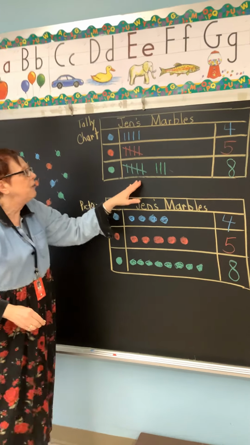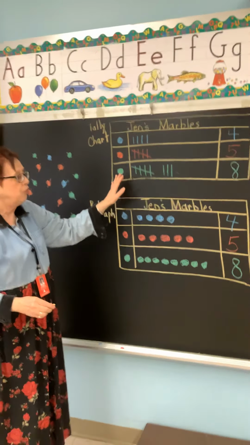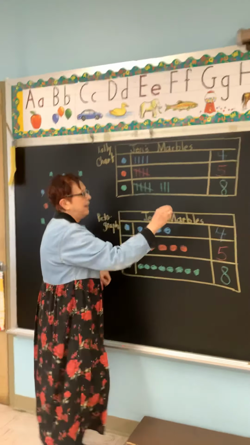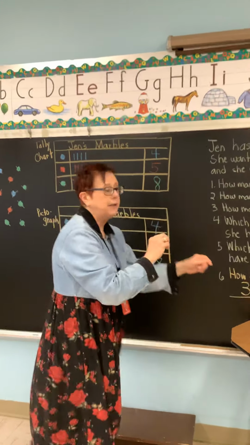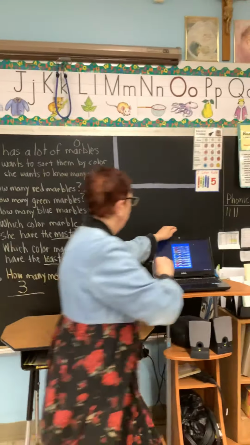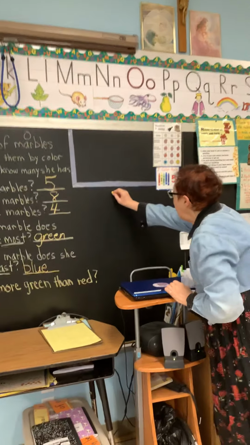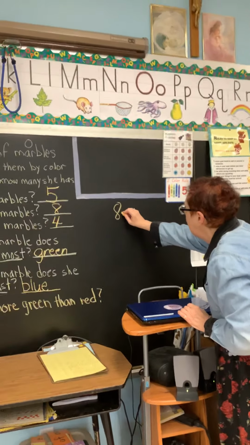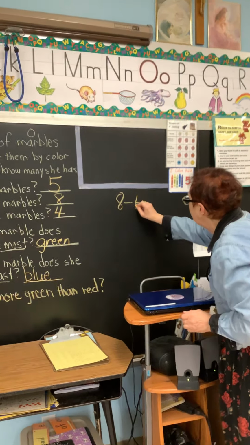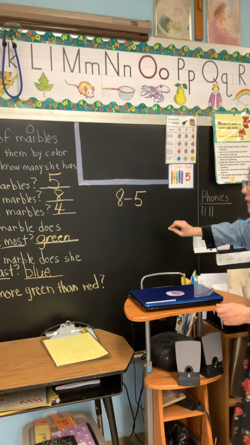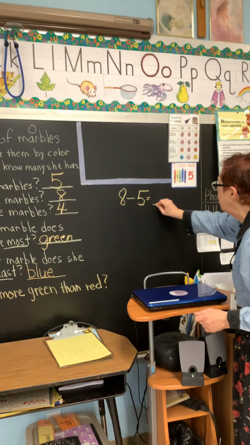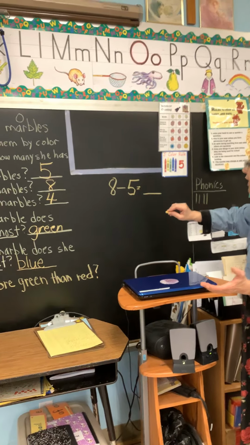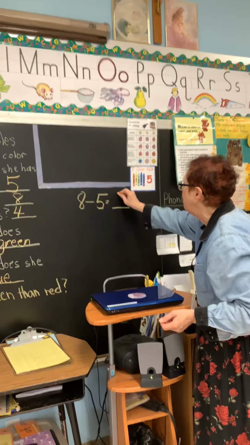So if you wanted to do this in a math way too, you could have said, let me find some room. I'm going to come over here, Mrs. Souza, okay? You could have said 8 green minus the 5 red equals, and then you just do a subtraction, and that 8 take away 5 is 3.